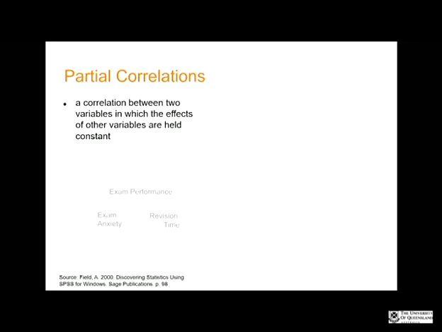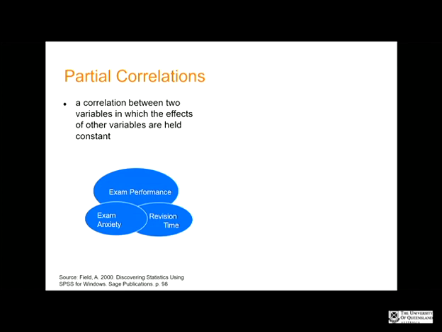Okay, I just want to finish the statistics stuff with this slide. This is what you'll be doing in the prac, and it's a partial correlation, okay? So here's an example of partial correlation where you want to work out the relationship between exam performance, exam anxiety, and revision time.